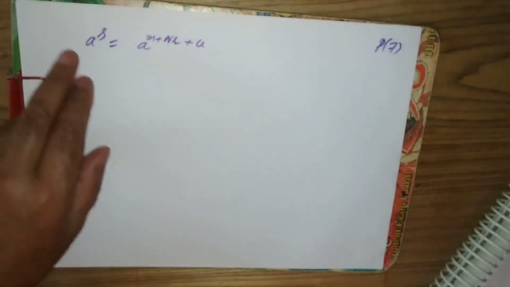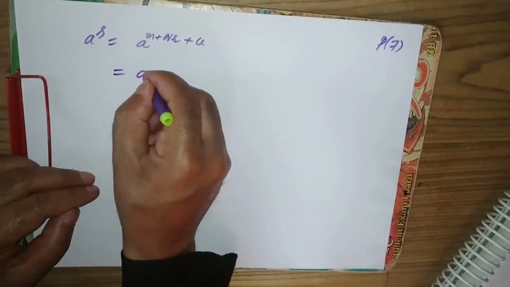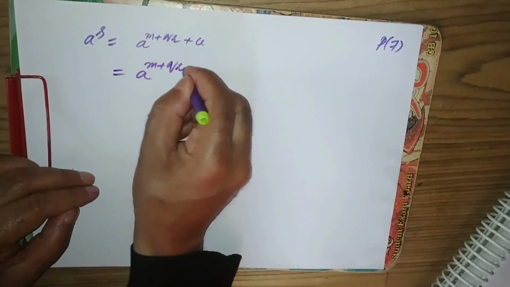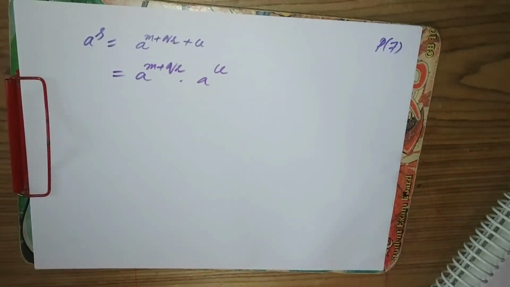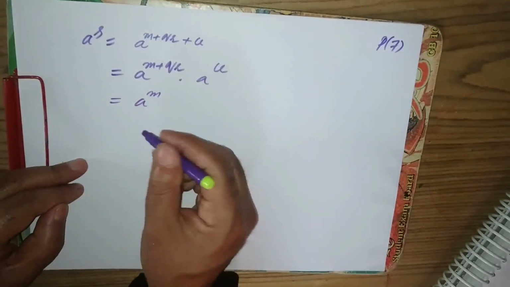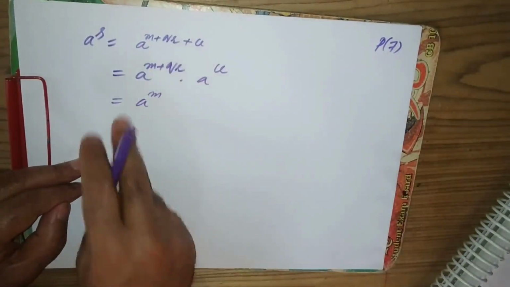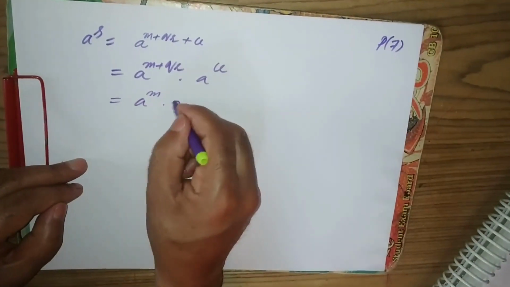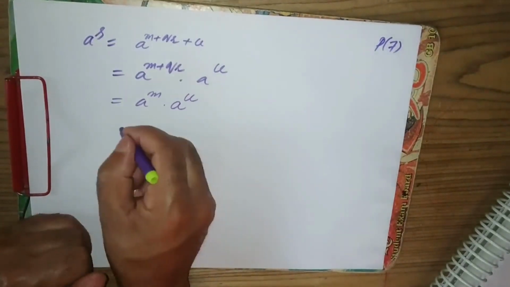Because s is equal to m plus qr plus u, and which is equal to a power m plus qr into a power u. And a power m plus qr is equal to a power m. It is already discussed. A power m is equal to a power m plus r, which is equal to a power m plus 2r, and so on. So a power m plus qr is equal to a power m, into a power u. So that's equal to a power m plus u.